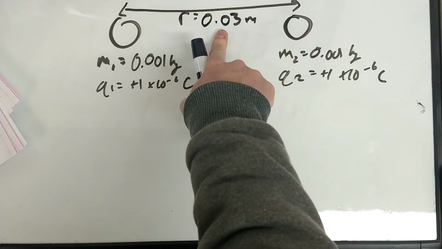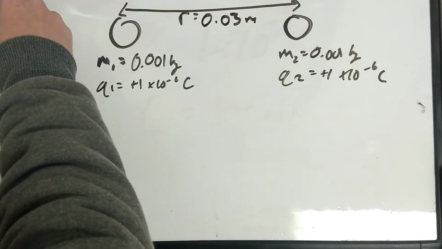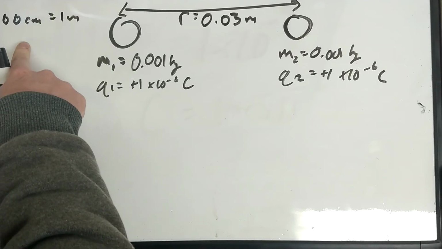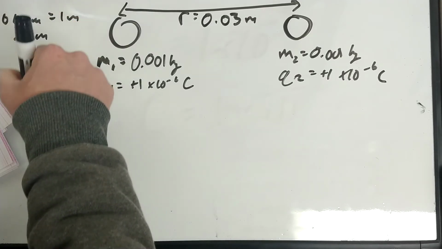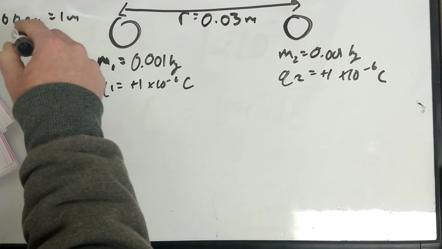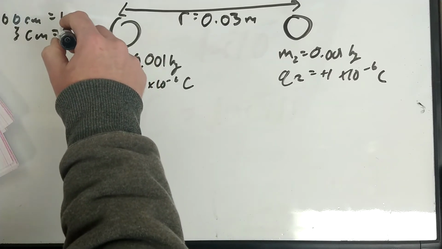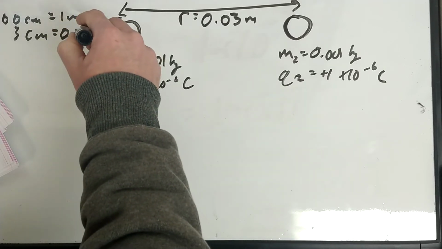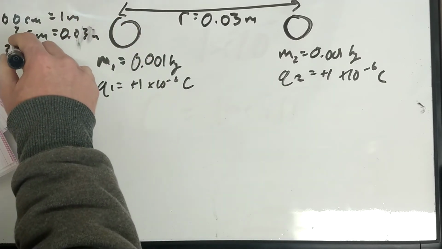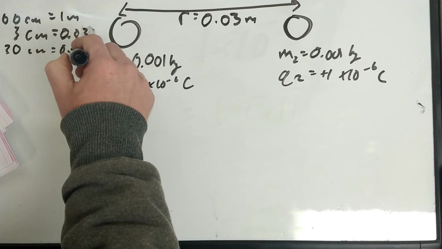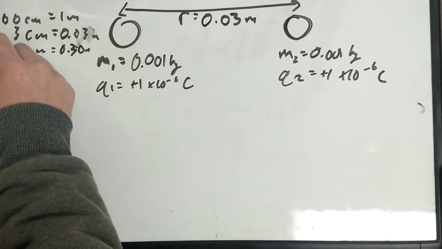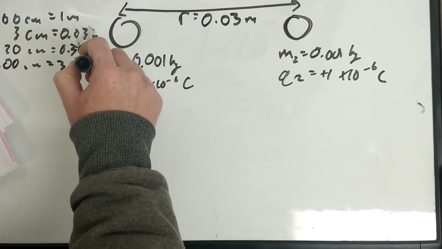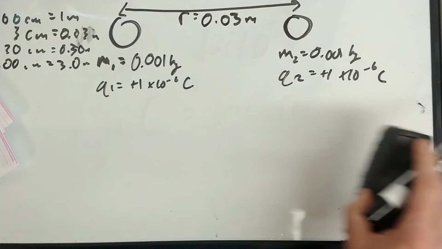Remember, there's 100 centimeters in 1 meter, so I have to move the decimal place over a couple spots: 0.03 meters. 30 centimeters would be 0.30 meters. 300 centimeters would be 3.0 meters. So don't forget how to convert.